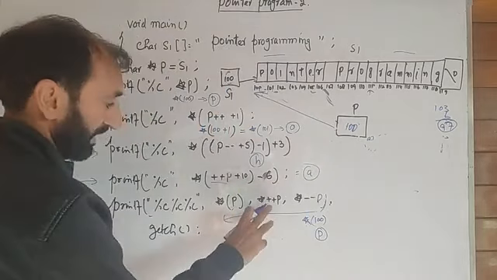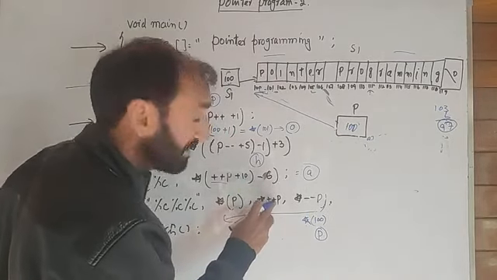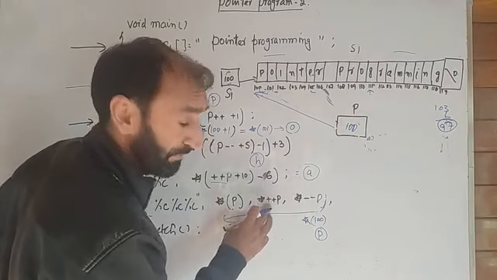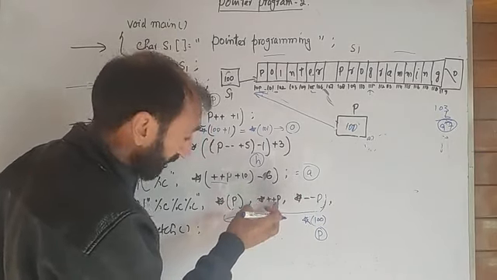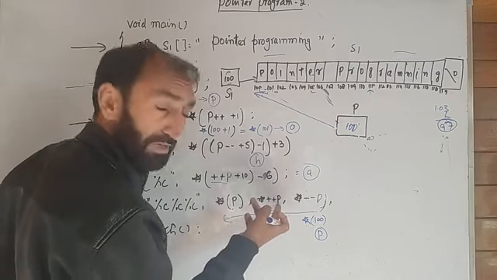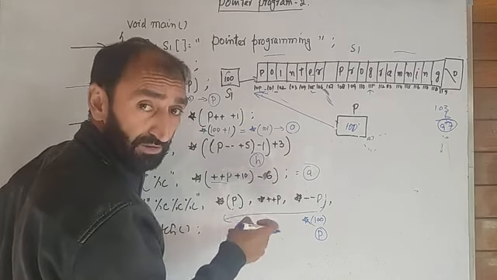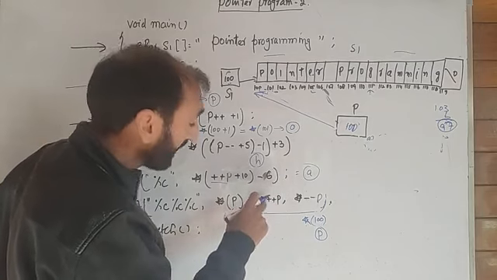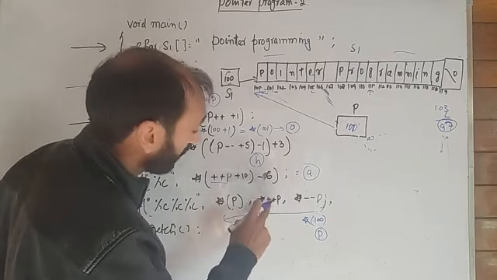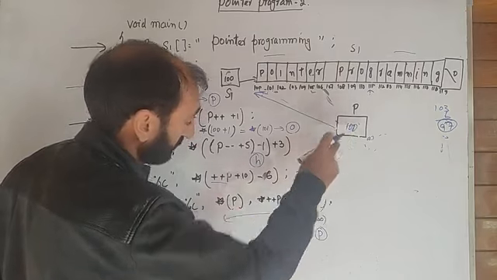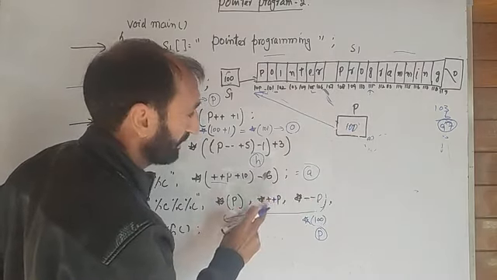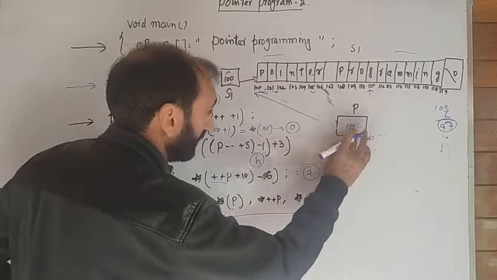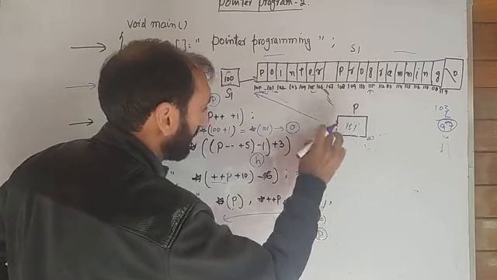Then here, this is a pre-increment. First the pointer variable p will get incremented, then its value is going to be returned. What is p? p is 100. First it will get incremented by 1, so it will become 101.